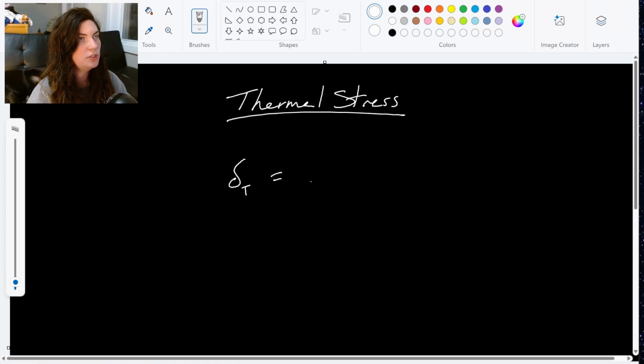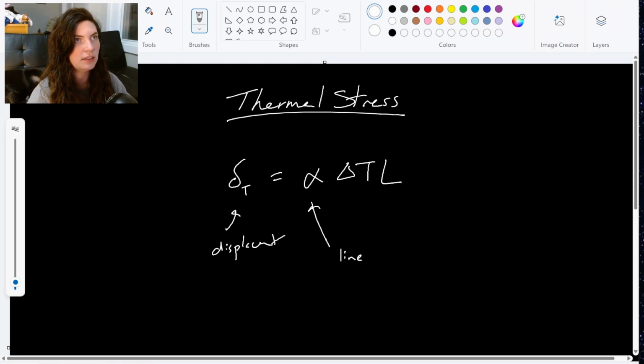Our displacement due to the temperature is going to be alpha times delta T times the length. So this is our displacement due to the change in temperature. Then we have this alpha here.